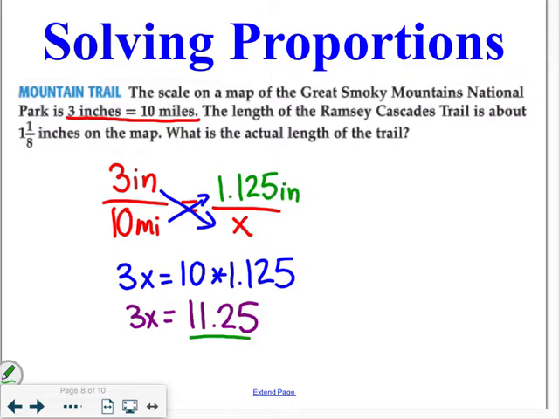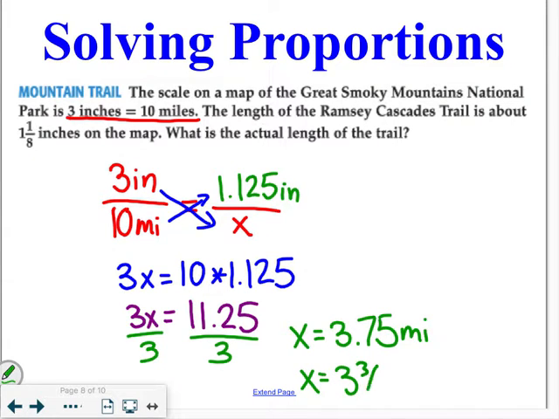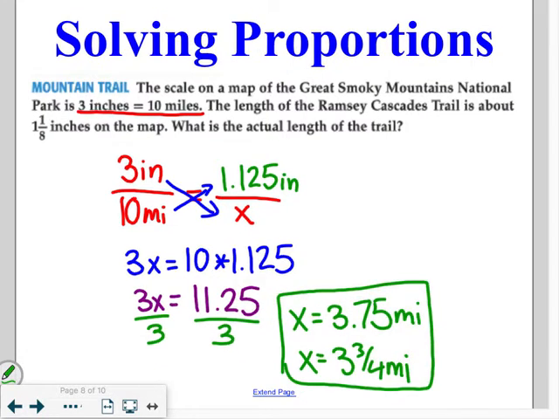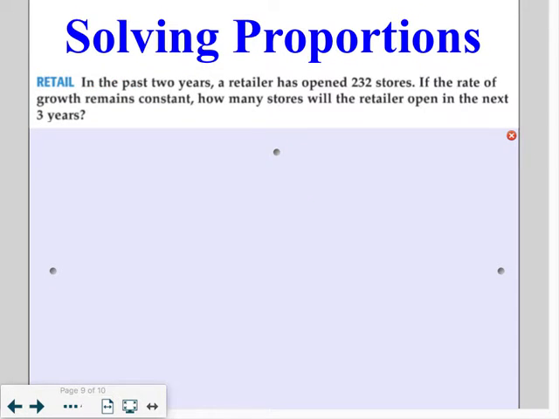Dividing both sides by 3 gives us a final answer of x is equal to 3.75 miles, or you could say x is equal to 3 3/4 miles if you prefer to give the answer in fraction form. Go ahead and try this next word problem on your own.